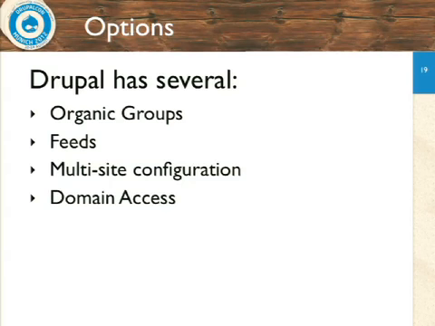The multi-site configuration is one way to do it, but doesn't automatically give you content sharing. Organic groups is a great module for this. The feeds module can be used for this, and you might see these other names in the program. The feeds module, however, requires communicating from site to site over RSS, so it creates some brittle points that are a little bit tricky. Like I said, multi-site configuration can do this, and then domain access.